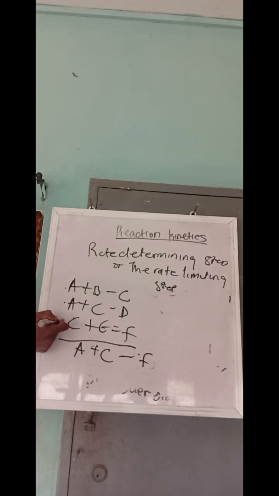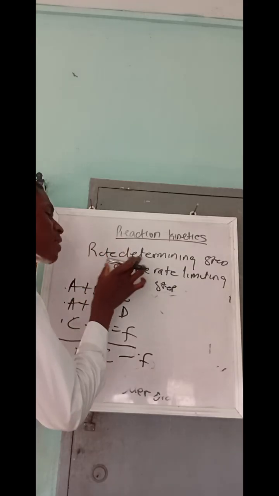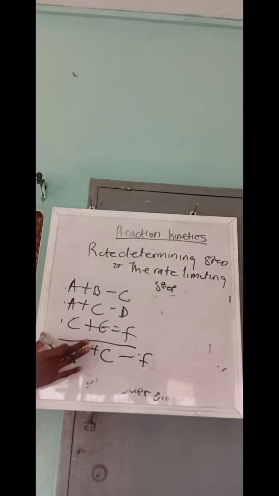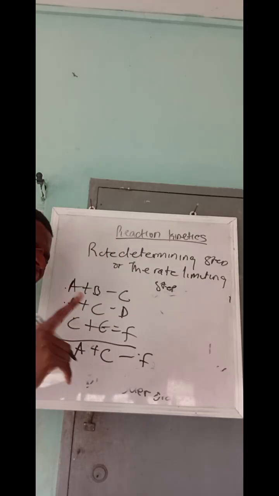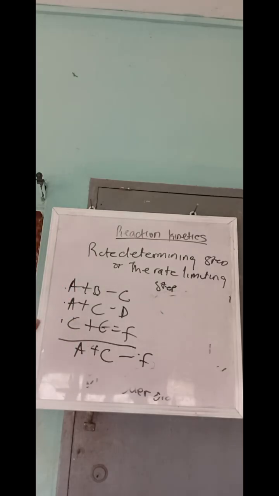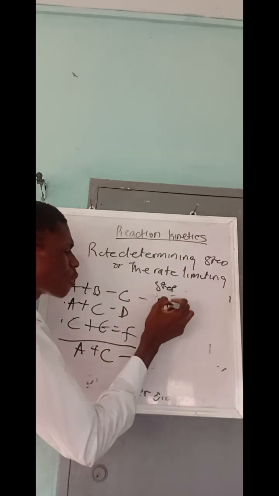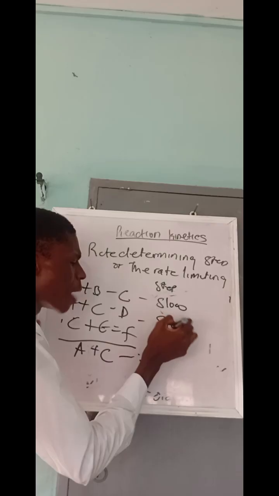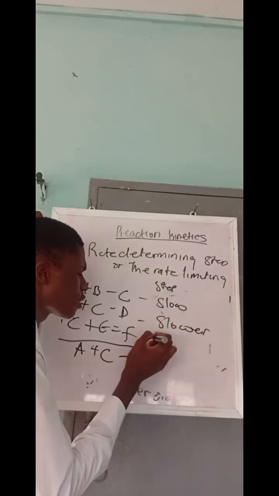Each of them is an elementary reaction, and each of them is an elementary step. I now want to look for my rate determining step. My rate determining step will be gotten from the slowest elementary step, because they will tag them. They can say this one is slow, this one is slower, or this one is slowest.